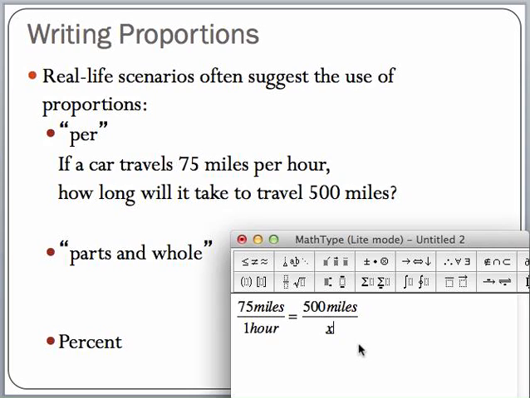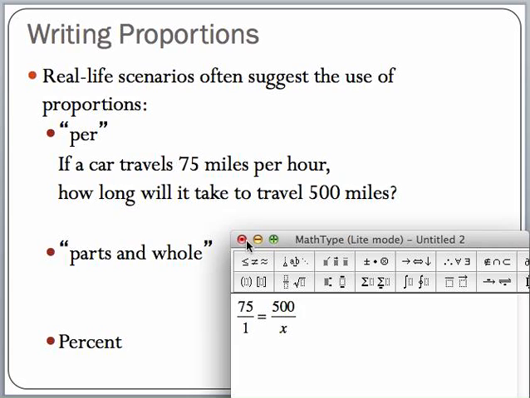What I actually would write down on my paper would just be 75 over 1 equals 500 over x, and that's a pretty easy one to solve. You would cross multiply 1 times 500 and 75 times x and solve that. For the interest of time, I'm not going to solve that for you now, but I wanted to show you how to set up the equation.